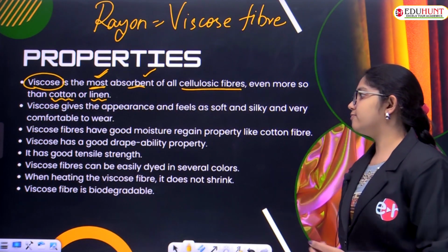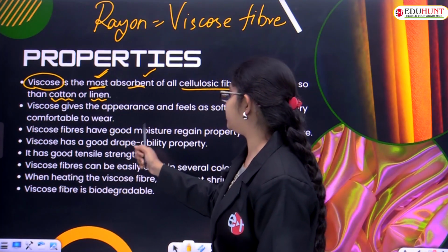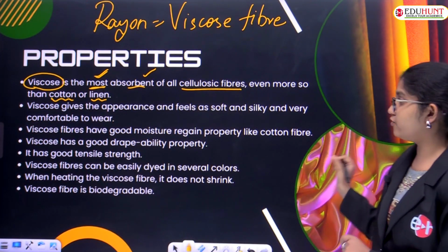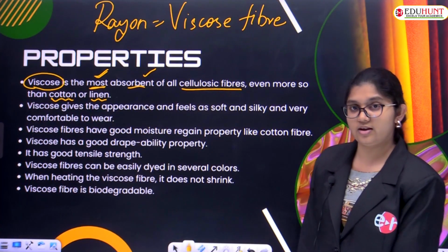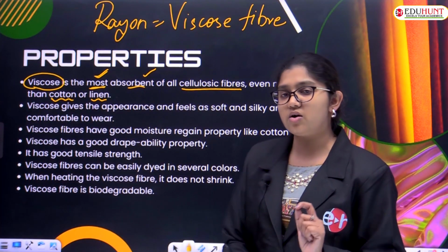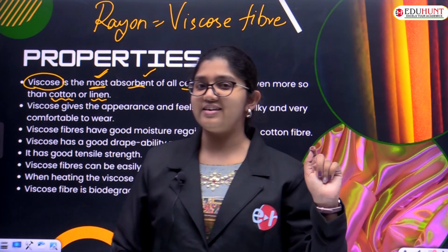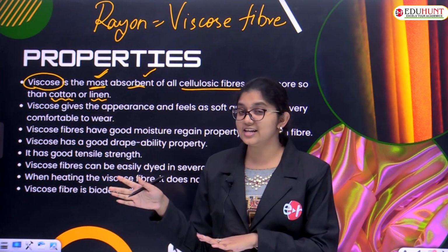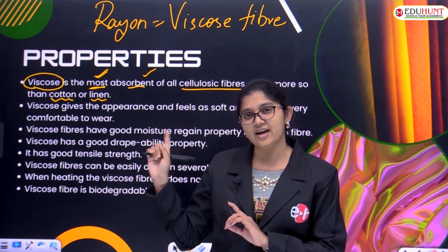Now, viscose gives the appearance and feels soft, silky and very comfortable to wear. As we discussed, rayon is soft and shiny, with properties similar to silk, which was discovered in China.